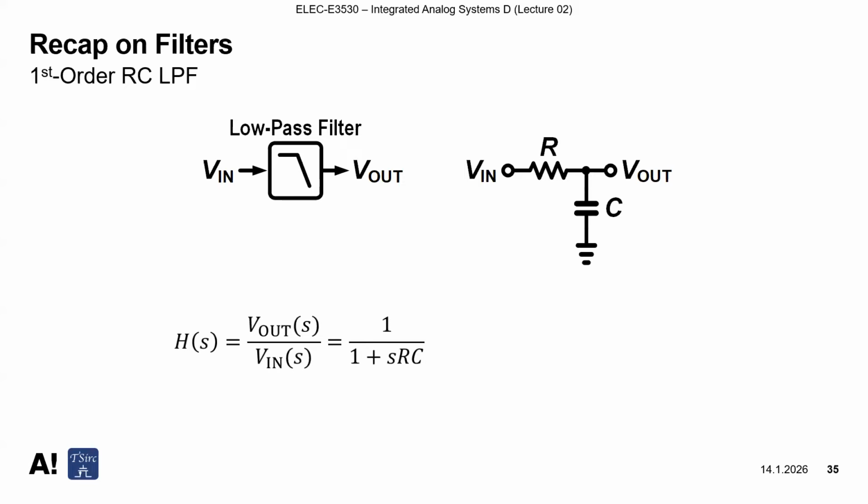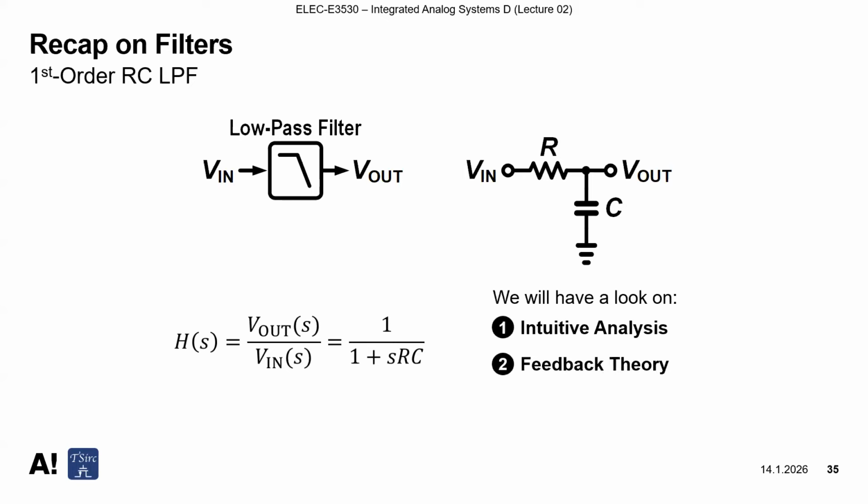When we analyze this very, very simple circuit, we can have different points of view. We will look at intuitive analysis and feedback theory. You might think, where is the feedback? There is no feedback in this RC circuit, but there is one feedback we can analyze that will be very, very useful for our future studies.